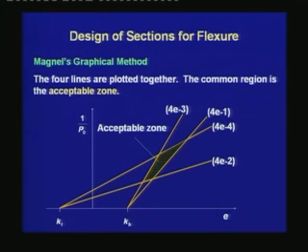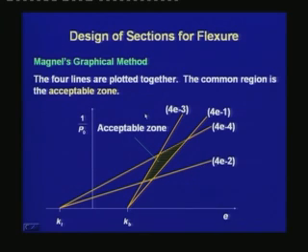What we have found is that for the 2 equations for the stress conditions at transfer, which are 4E1 and 4E2, any point lying above the straight lines is acceptable.